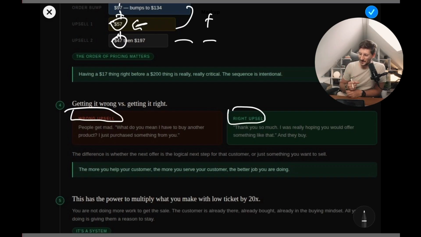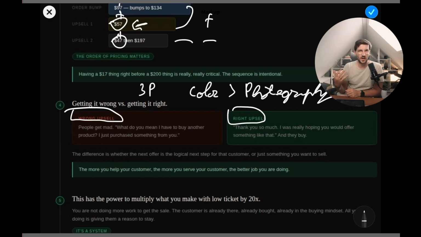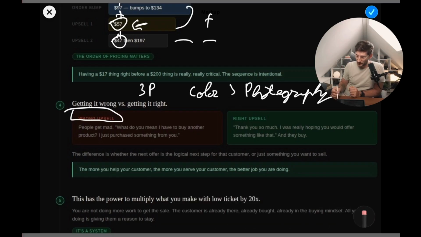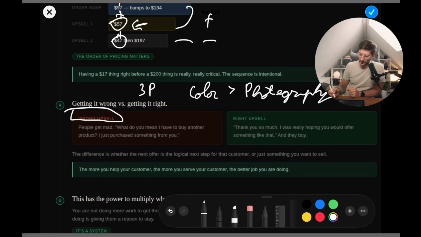So let's give an example. Let's have another example of this. Let's say I have 3 products. One product is a color grading manual, which is for photography. I'll just go with my case so that it makes more sense for me to explain it, and I can give you more details about it.